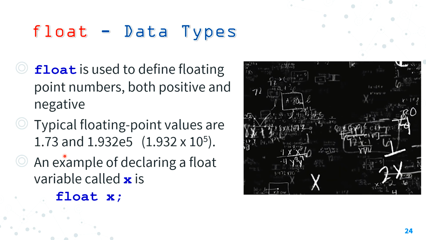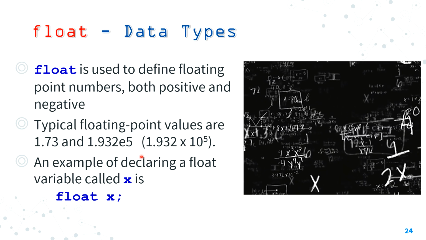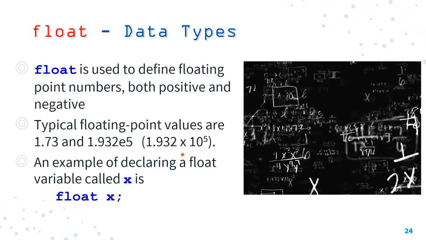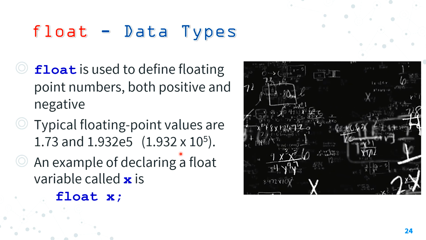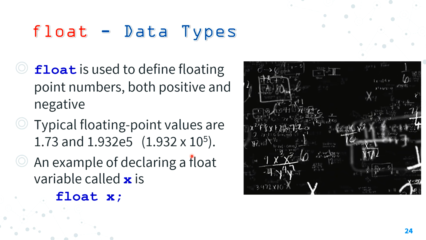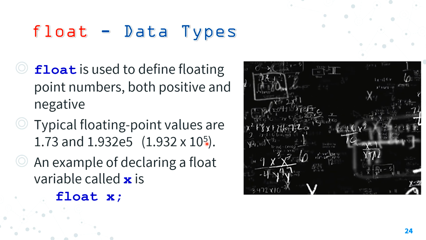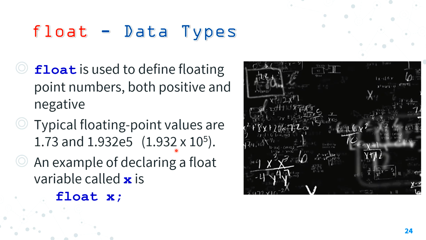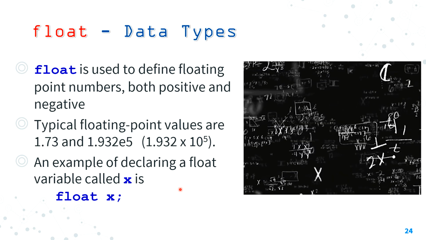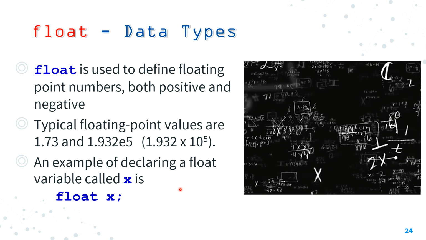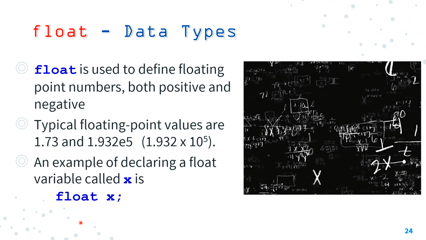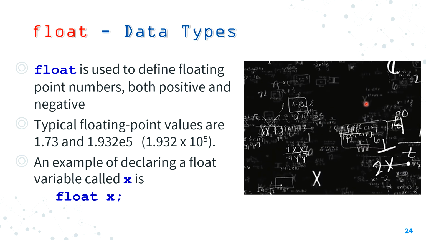You may also see numbers written in scientific notation such as 1.932E5, which represents 1.932 times 10 to the power of 5. To use a floating point value in a program, we must declare a variable using the keyword float. For example, float x.